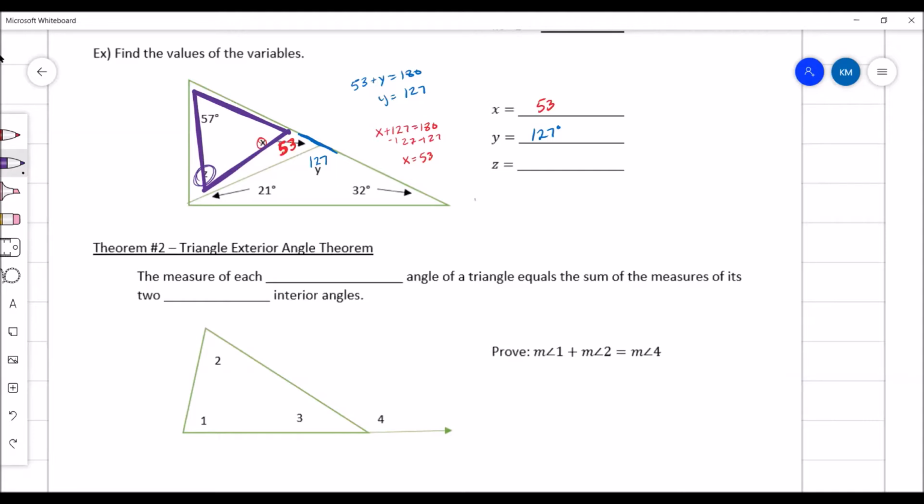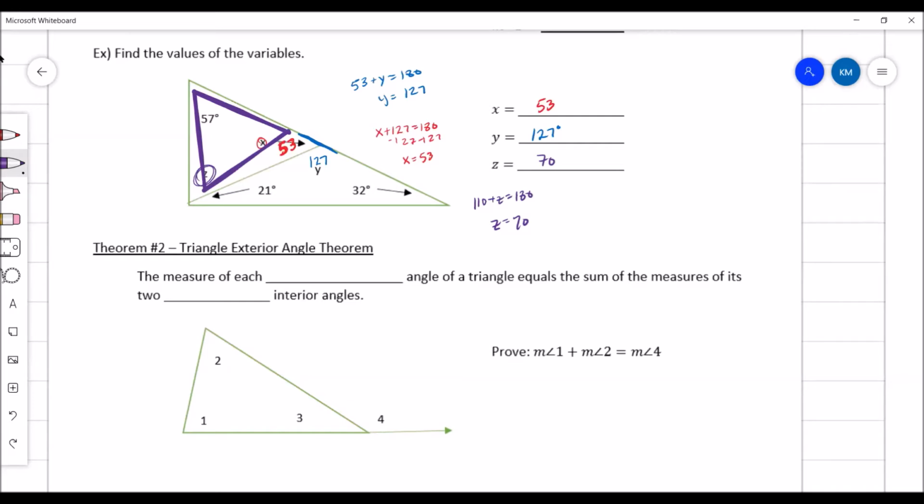So 110 plus z equals 180, and so z then must be 70. Okay, so there, we used the triangle angle sum theorem a couple times, and also integrated some knowledge about our angle pairs that we've talked about for a couple sections now.